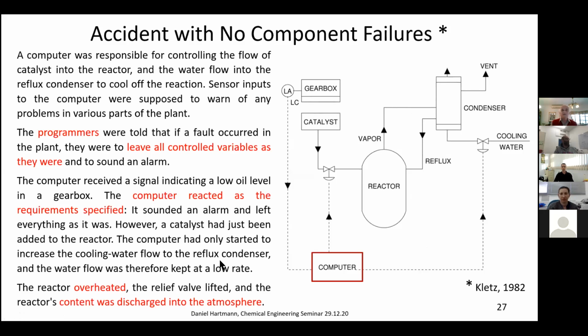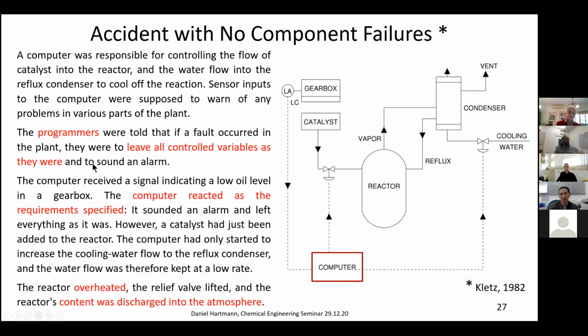He got a catalyst that made the reaction to produce heat. And there is some cooling water that cools the system. And one day they decided to computerize it. And there is a computer that with the software controls now the entire system.